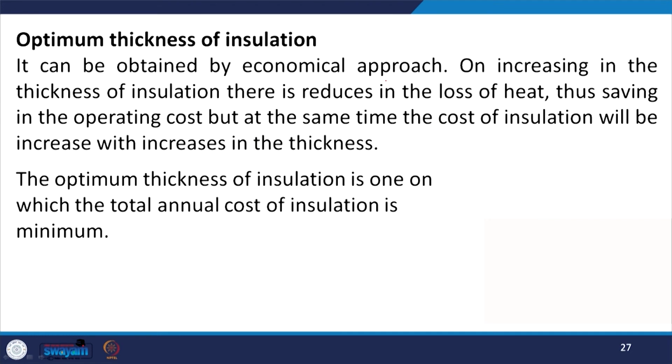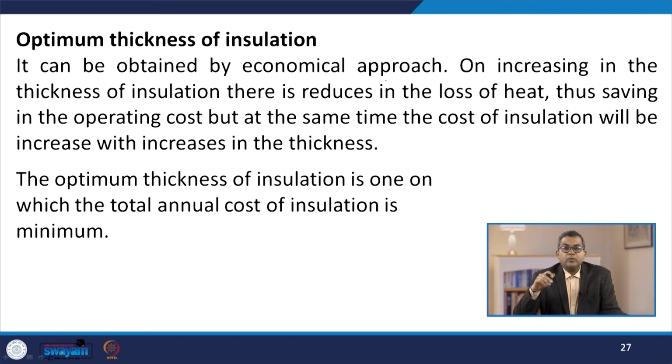Now let's talk about the optimum thickness of insulation. Now it can be obtained by economical approach. On increasing the thickness of insulation, there is a reduction in the loss of heat, thus saving in the operating cost, but at the same time the cost of insulation will be increased with increase in the thickness.